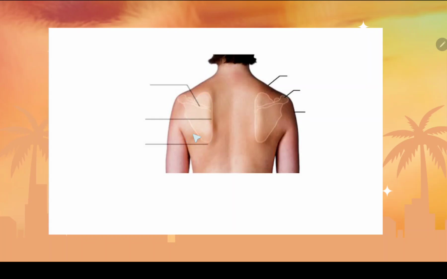We will study the scapula in detail in the osteology of scapula, but I can just tell you this is the medial border of the scapula. This is the inferior angle of the scapula, and this long one is the spine of scapula, right? So our back region has the scapular region. It is also the part of shoulder, right?